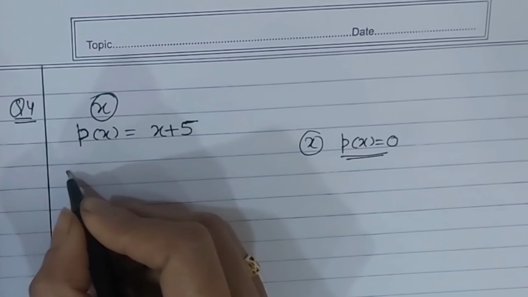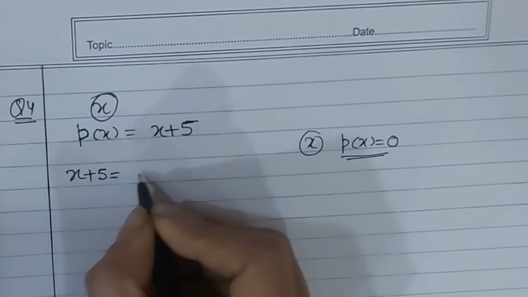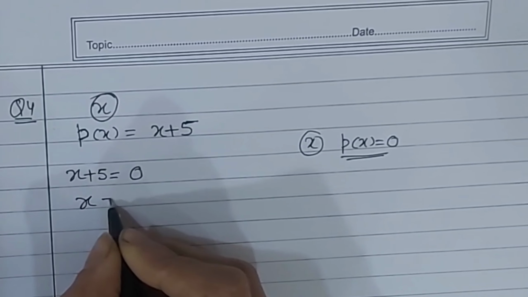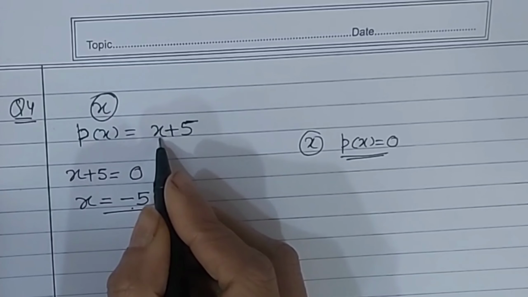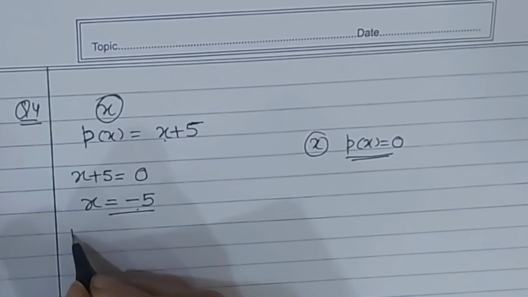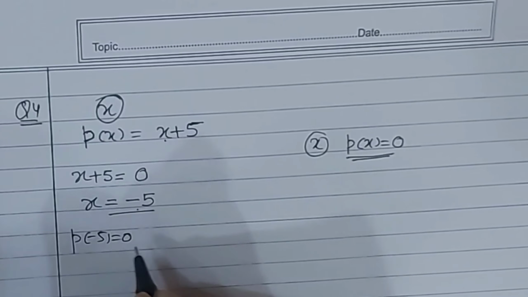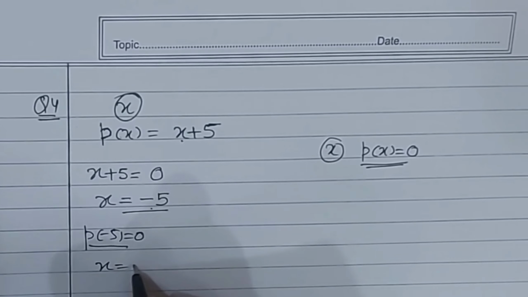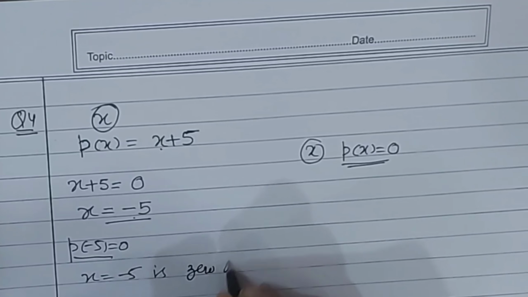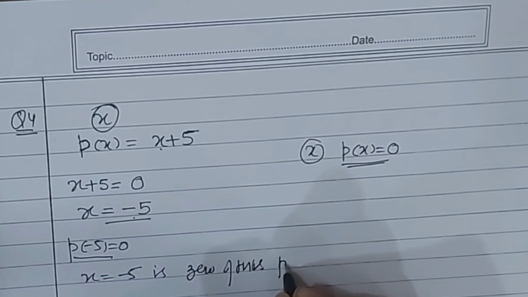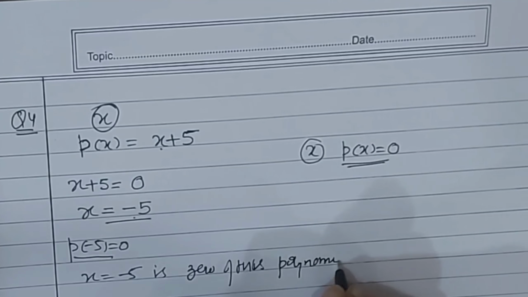So we'll put this complete polynomial equal to 0 to find the value of x, which is equal to minus 5 in this case. So if you put minus 5 here, then we get P(minus 5) is equal to 0. Yes, so x is equal to minus 5 is the 0 of this polynomial.